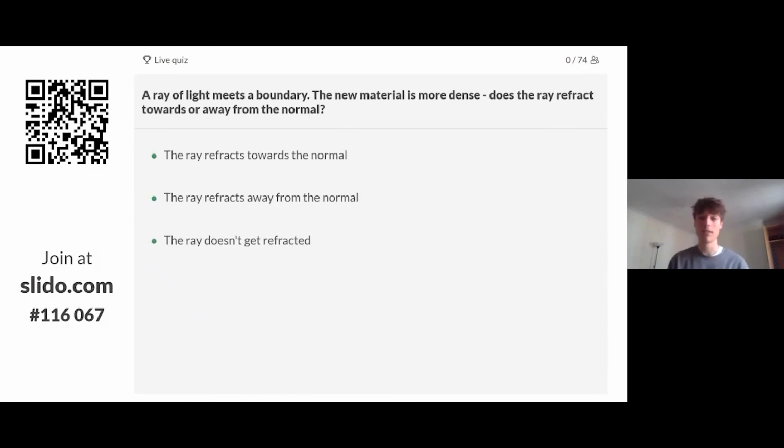Okay, a ray of light meets a boundary, the new material is more dense. Does the ray refract towards or away from the normal? So you really need to think of the chain reaction. If the new material is more dense, that means you increase the density. What happens when you increase the density?